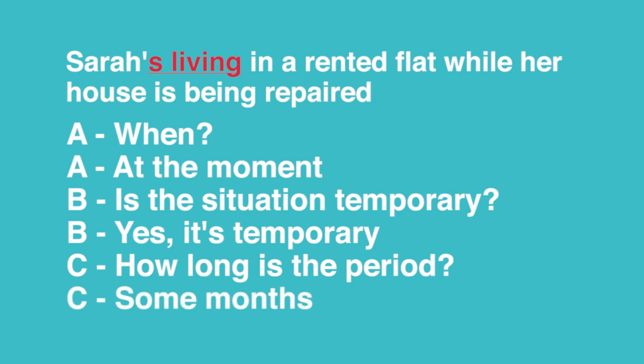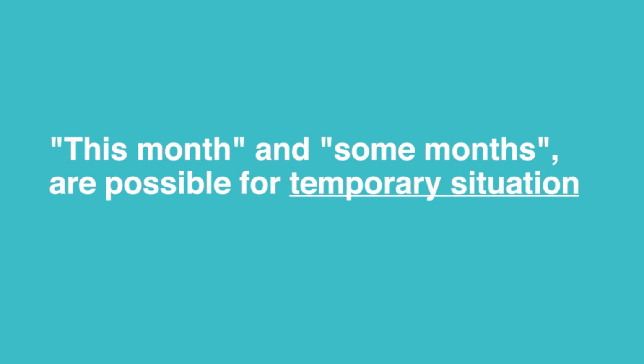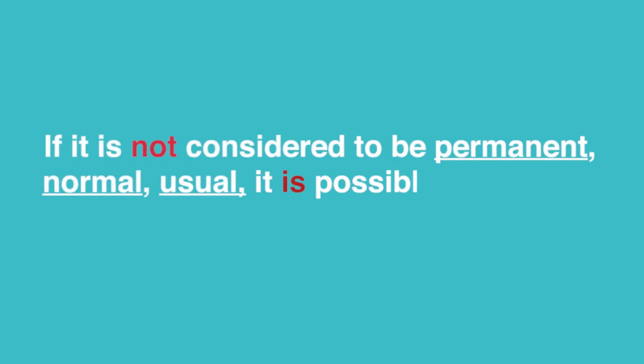Some months. It was a serious fire. So this means that this month and some months are considered to be temporary with the present continuous. If it is not considered to be permanent, normal, usual, it is possible to use the present continuous.